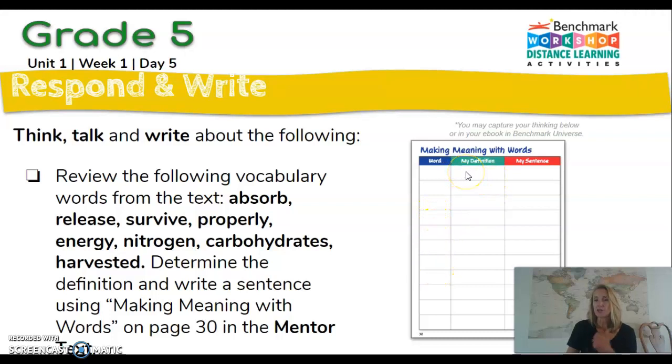You're going to write either your definition or the definition that you found in the dictionary. And I highly recommend going back and finding these words in the article to see if you can figure out the meaning right from the article. And then you're going to use the word in a sentence. You'll have to write small. I know the boxes aren't huge, but do your best. You're going to fill them in right on this sheet.